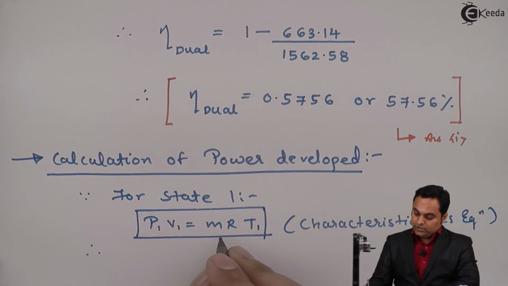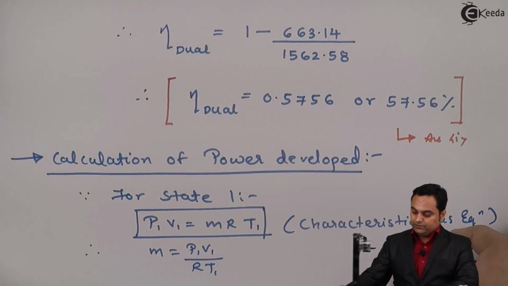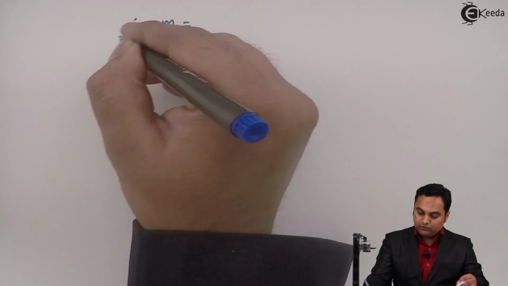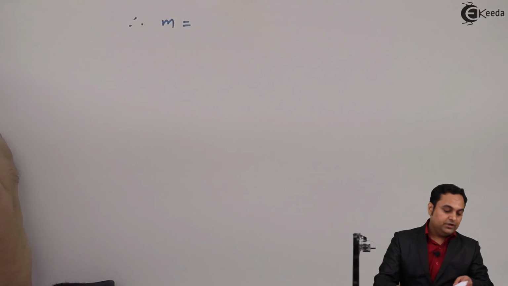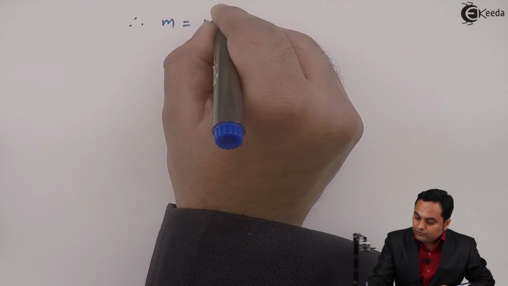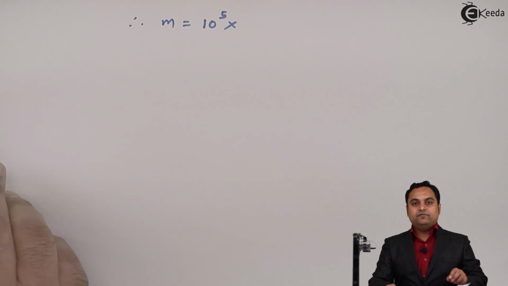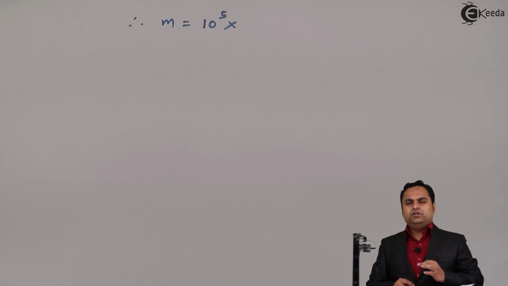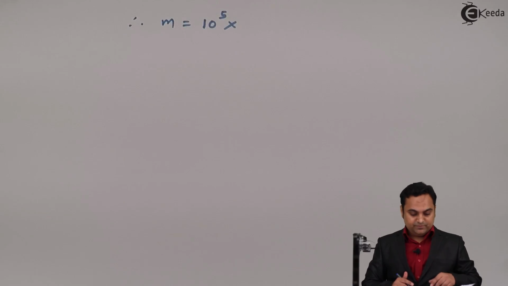So M will be equal to P1 V1 upon RT1. P1 is given in the question, it was 1 bar, that is 10 raised to 5 Newton per meter square. We have to be careful of the unit. While calculating mass, put the value of pressure in terms of Newton per meter square, not in terms of bar, that we have to remember.